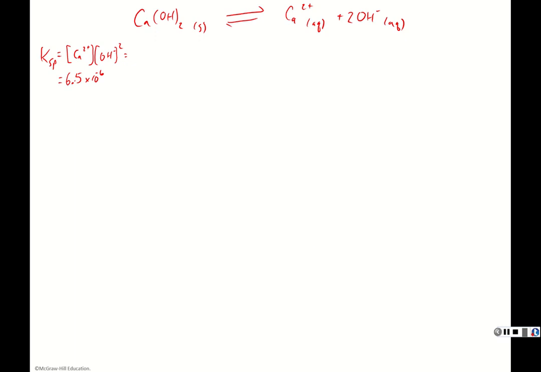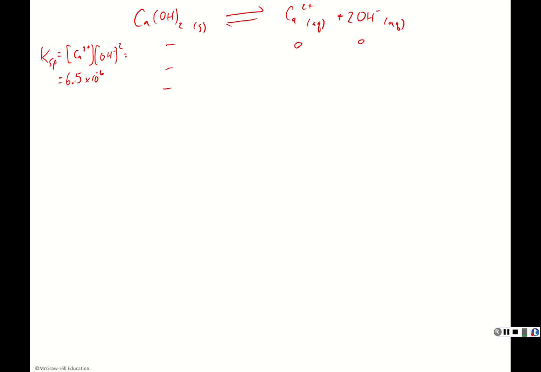Right, so when we're doing our ICE table, our reaction table here, calcium hydroxide is a solid, so we're not really going to be concerned with that, right? Because remember, the concentrations of pure solids don't change. We're going to start with, or assuming we start with, 0 for both of these, right? Right when we put that into solution, there's not going to be any of those around to start. And then when this dissolves and starts to solubilize, how much do we produce?